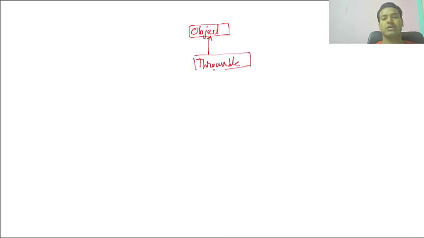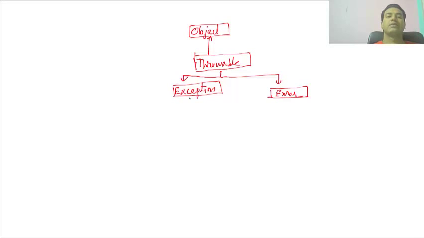Throwable is the subclass of Object class. Throwable again has subclasses: one is Exception, and one more is Error. Then whatever exceptions we have used so far are all subclasses of these, right? So Exception is the superclass of any type of exception coming from the try block or any try block.